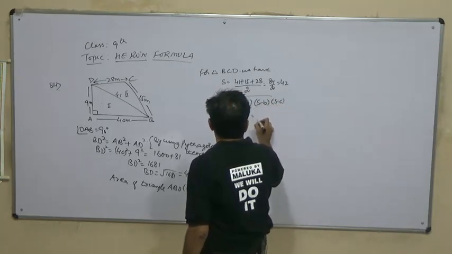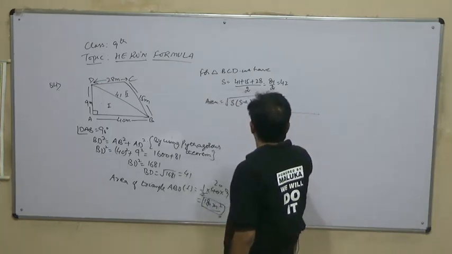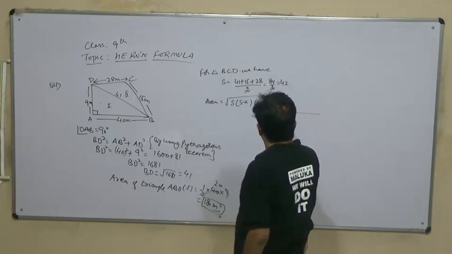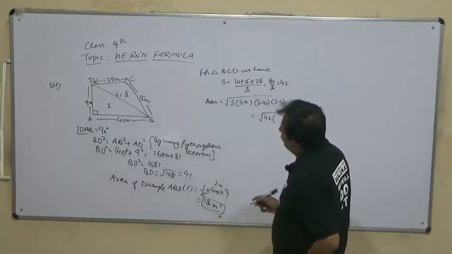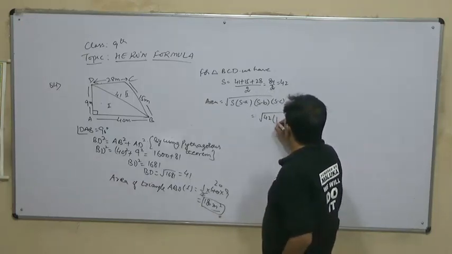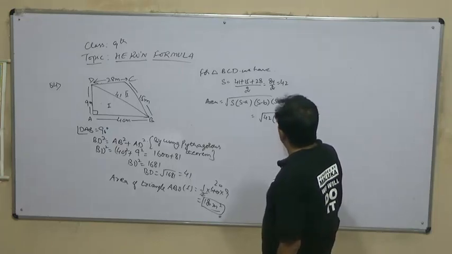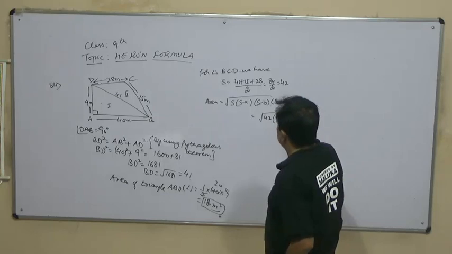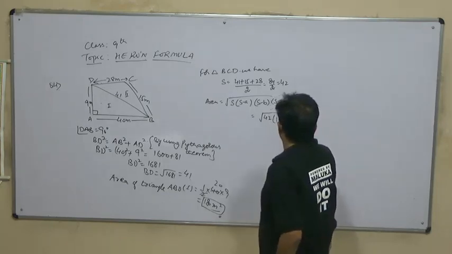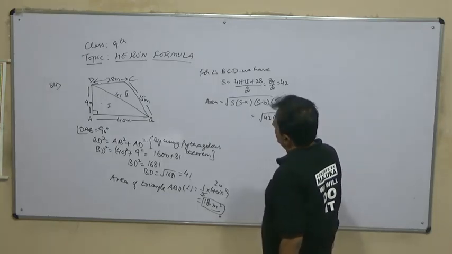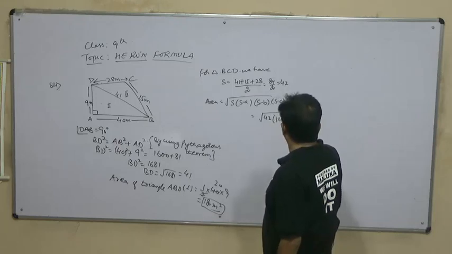So which will be equal to under root of S is 42, 42 minus 28 is 14, 42 minus 15 is 27, and 42 minus 41 is 1.